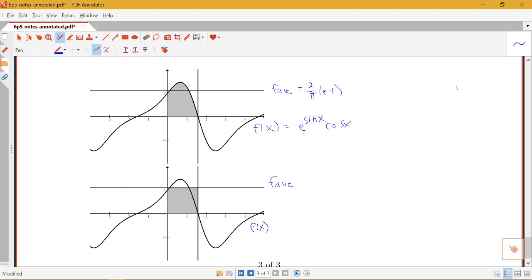We can see this is showing how the area under my curve from 0 to pi over 2 of f of x dx is equal to the area of the rectangle computed by looking at this value of f average times the overlapping interval here of pi over 2 minus 0.